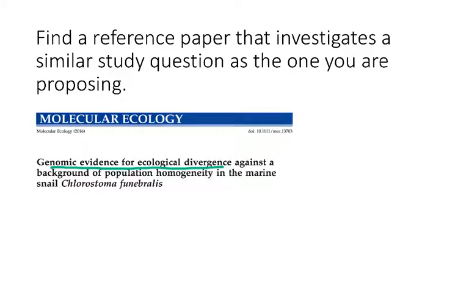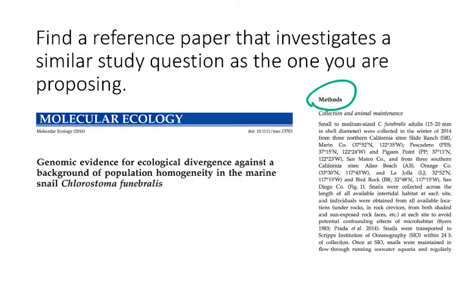And then specifically what you should do is focus on the methods section of that paper and think about what approach those authors used to answer their question, and you could use a very similar approach, similar type of experimental design for your study. One thing I will mention is that depending on what your study is and what kind of papers you find, you might need to mix and match a couple different papers to use for reference.